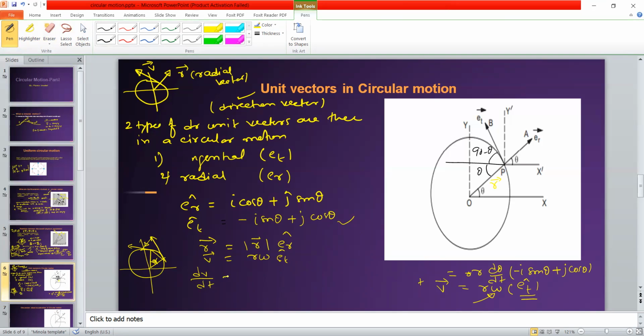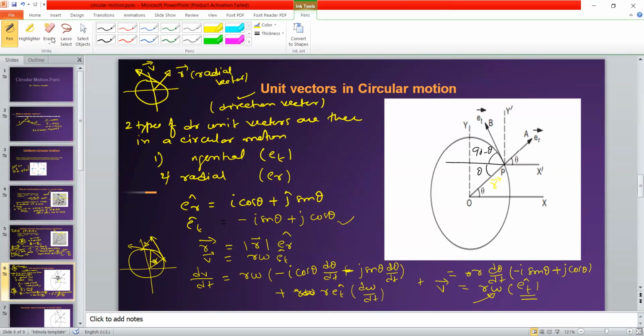So dv by dt is nothing but r omega times et, which is minus I cos theta d theta by dt minus j sin theta d theta by dt, plus r et times d omega by dt.